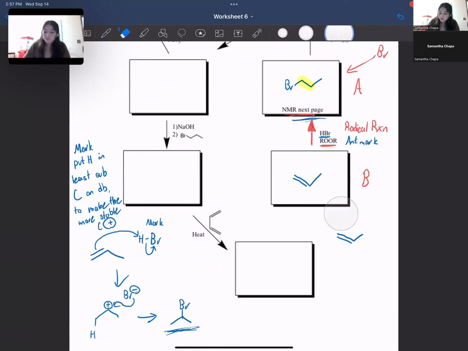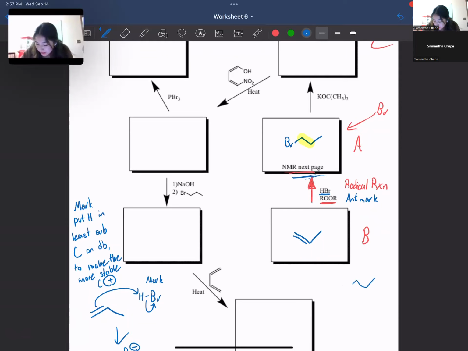Just know that the radical mechanism adds the hydrogen to the least substituted carbon. I'm putting the radical on the most substituted. I flipped that. Okay, so it puts the hydrogen on the least substituted and makes the most stable radical. Then bromine comes and has a radical reaction to form this right here. So the point of all of this was to show you what anti-Mark was and to show you how to get B.